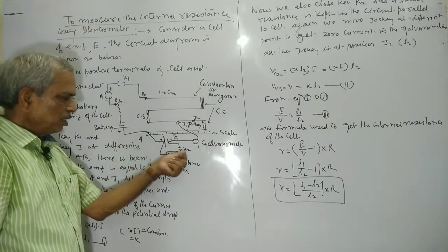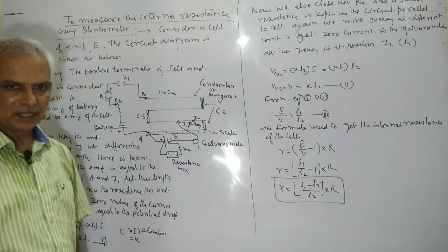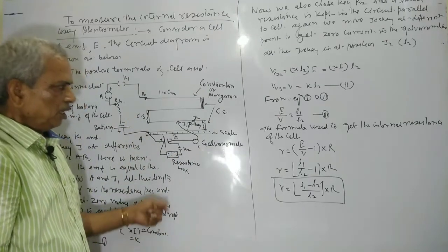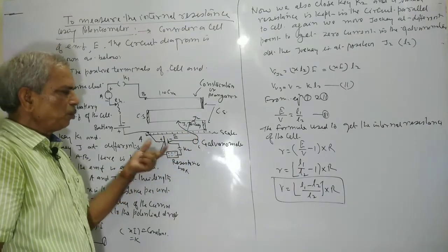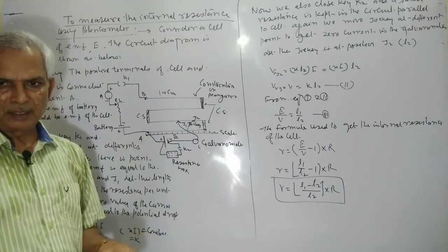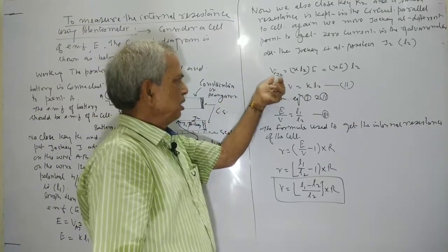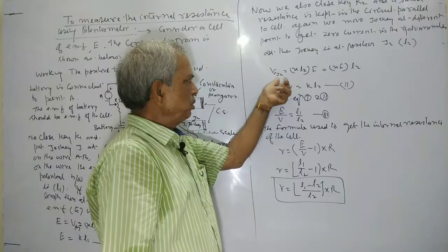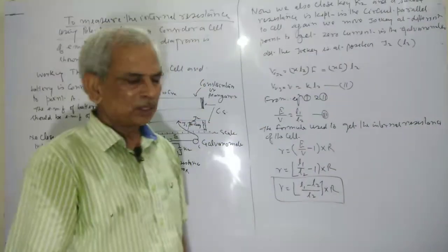When we close key K2 and take any resistance in the circuit, then the reading differs and the value of L2 is less than the value of L1. In that case, V_J2 is equal to X L2 I, where I is the current passing through the circuit.